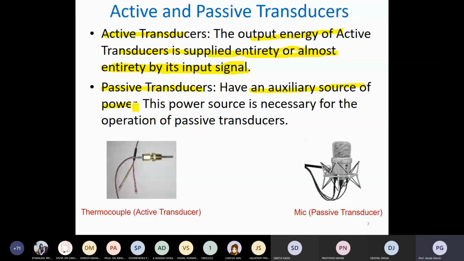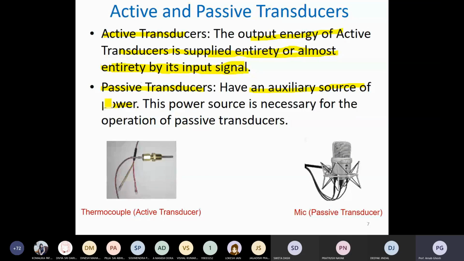In active transducer no additional source of EMF is required, but in passive transducer one additional source is mandatory. In active transducer, the additional power comes from the developed energy of the transducer itself, which is sufficient enough to drive it.